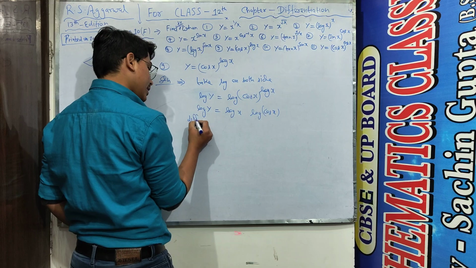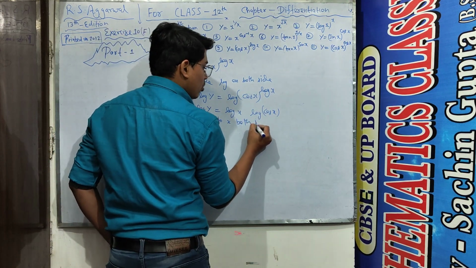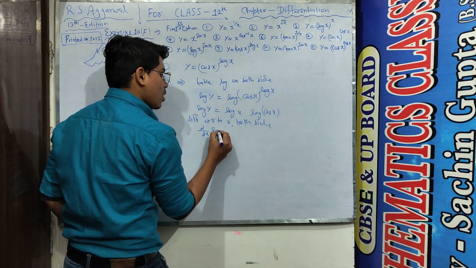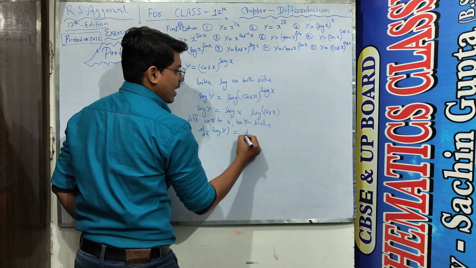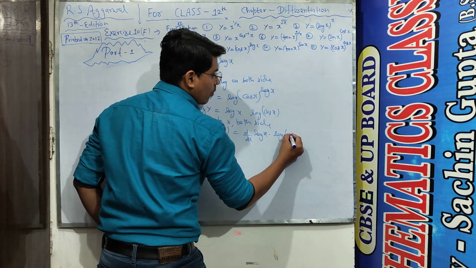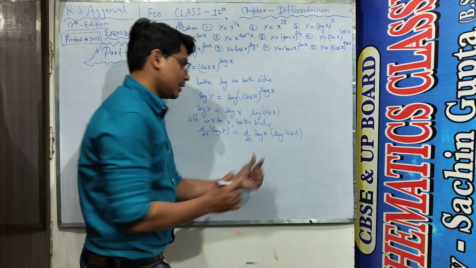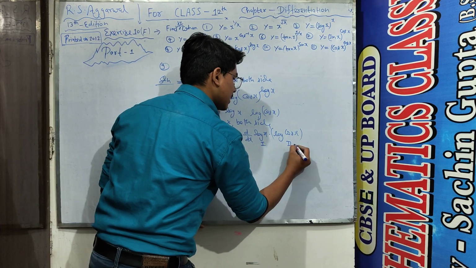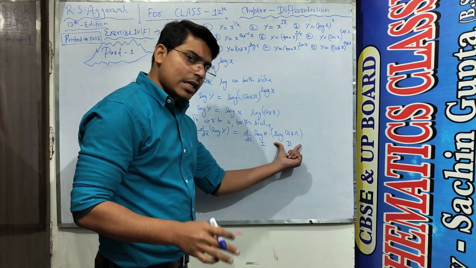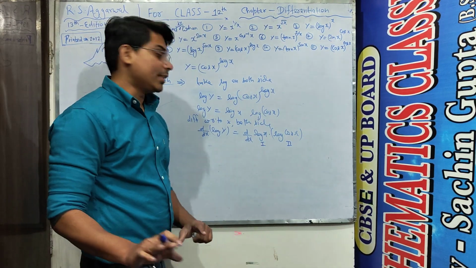We differentiate with respect to x on both sides, so it becomes d by dx of log y and d by dx of log x into log of cos x. You can take either function as first and the other as second; it does not matter in multiplication.